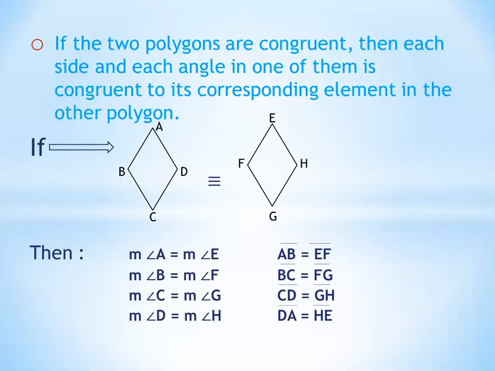Let's check the sides. Here, AB is equal to EF. BC is equal to EG. CD is equal to GH. DA is equal to HE.